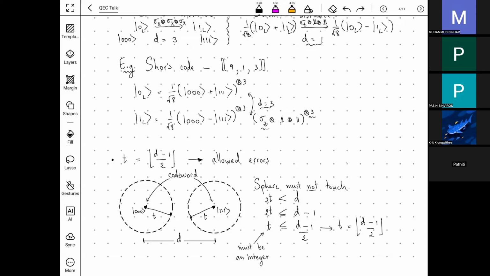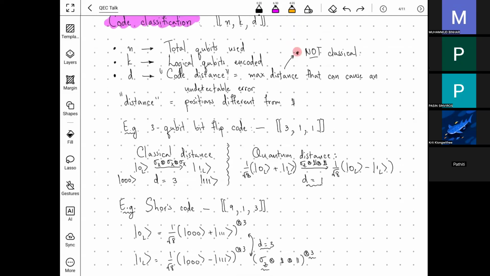But that's the definition of D, not T. Maybe it would make sense if it's defined classically, because the classical distance is the amount of operations you need to go from one code word to the other code word.